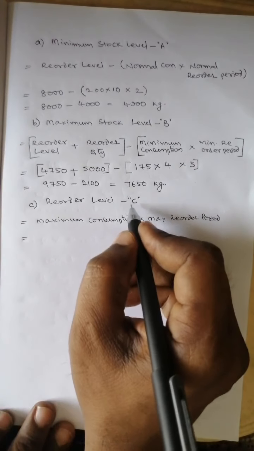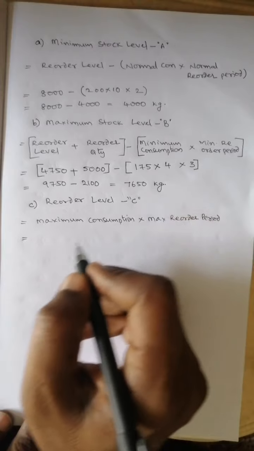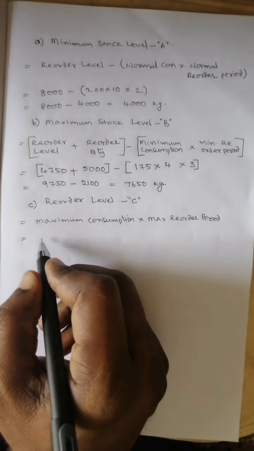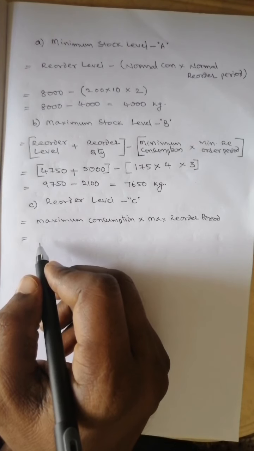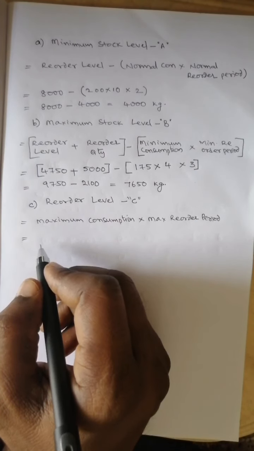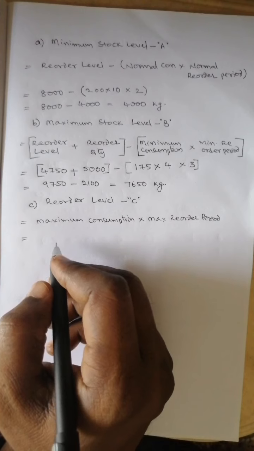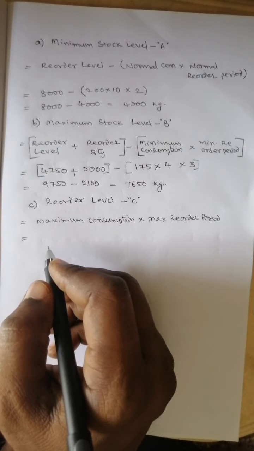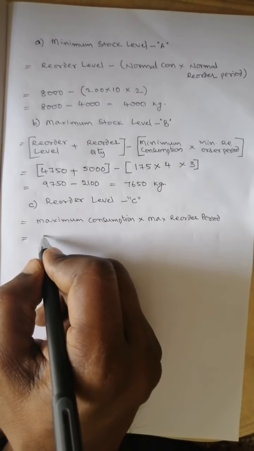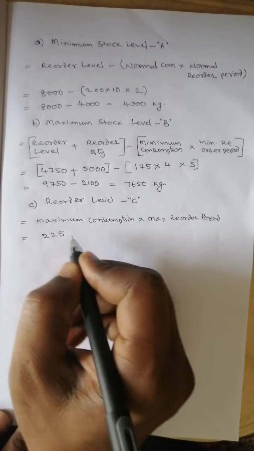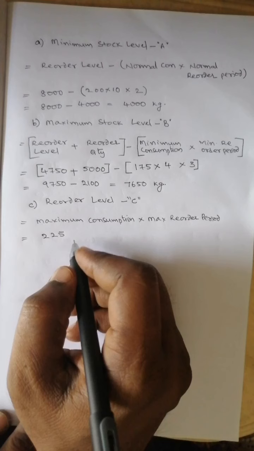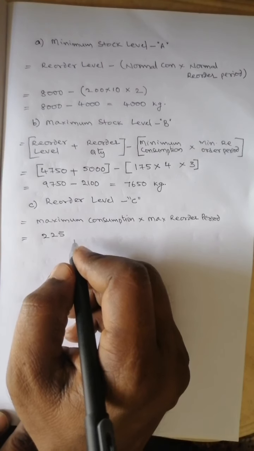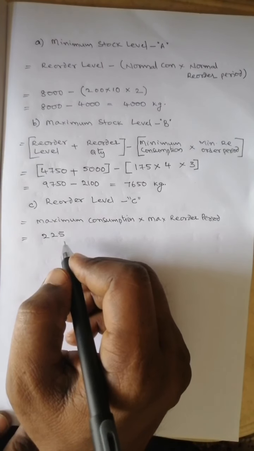Just observe in the C material, maximum consumption. Maximum consumption is given at the end of the table. Minimum is 175, maximum is 225, applicable to all the components. Therefore, it is 225 units. But these are units. So units multiplied with the number of kgs.